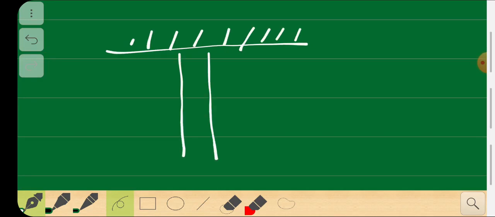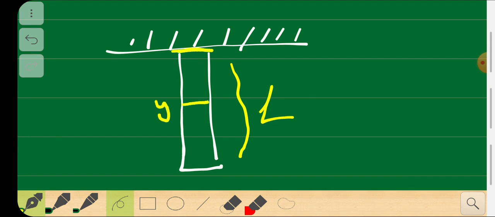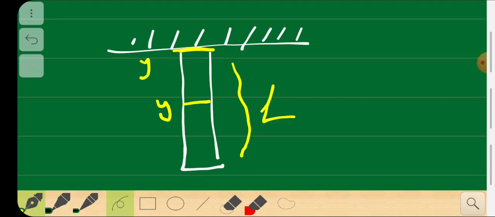So this is a suspended rope, and let's call that this rope has length L. Let's call some point y, and this is y equal to 0, and this is y max, which is L, right? y equal to L.